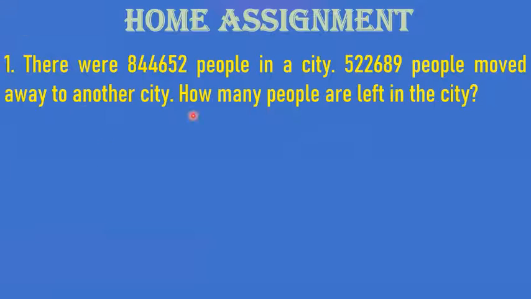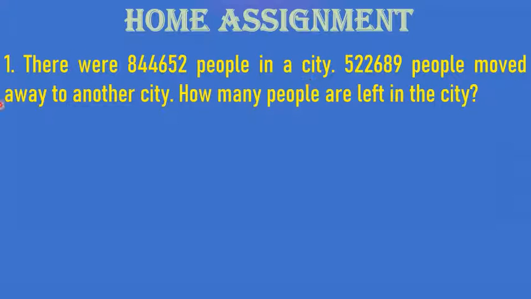So what you have to do here? How many were there in the city? 8,44,652. And how many moved to another city? 5,22,689. Yes. How many people are left in the city means we have to subtract. So how you have to write the steps, children? Number of people were in a city, or there were people in a city.